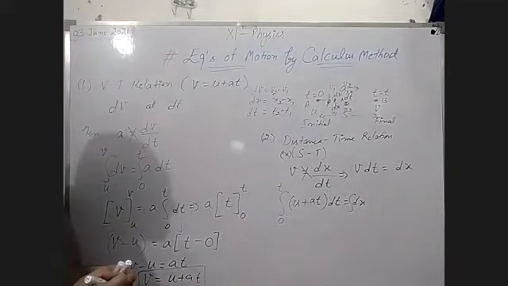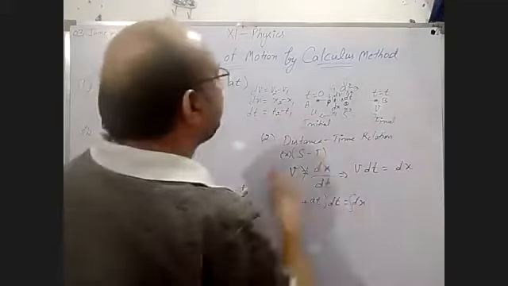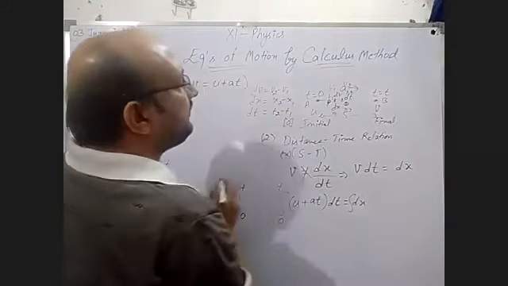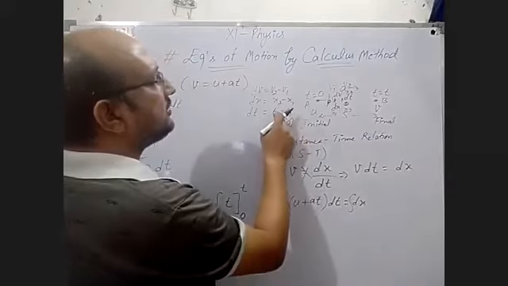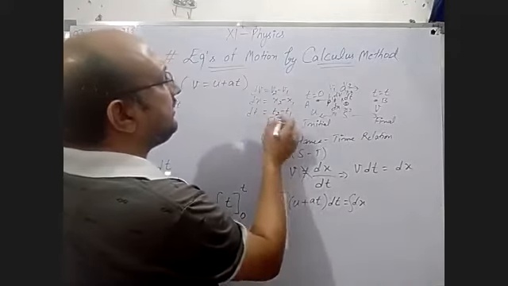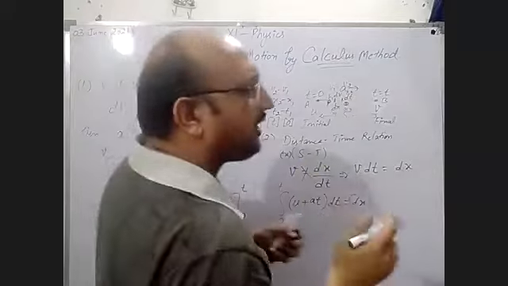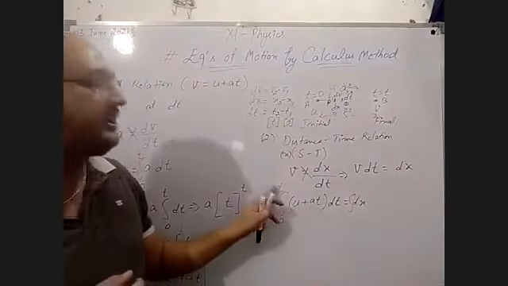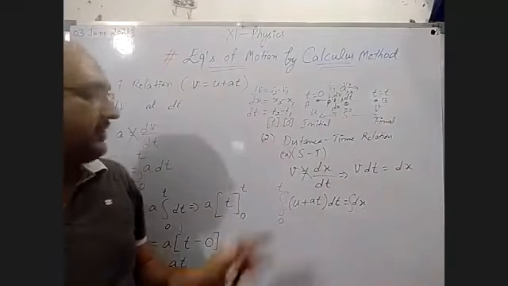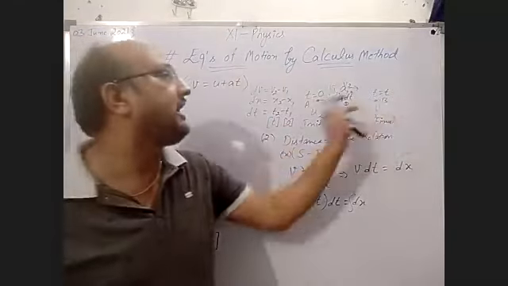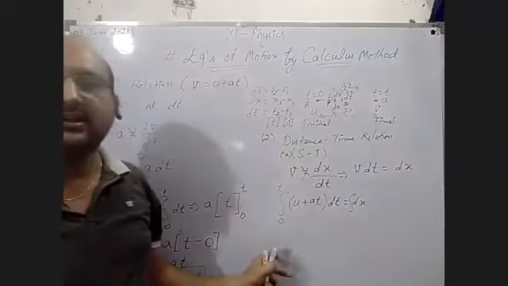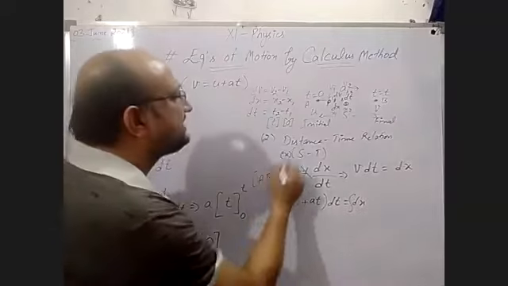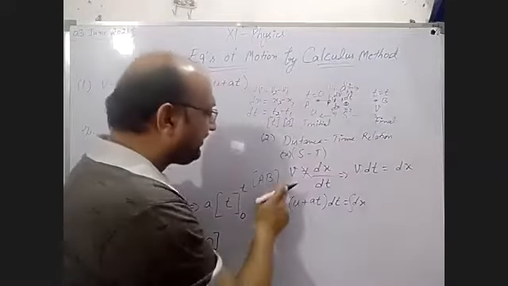Okay, but for the whole system, we can take the value of t1 as 0. Yes or no? Because t2 is t. In between, if you want to take the integration, then you take t1, t2 limit. But we are talking about the whole AB portion, A to B, then we can take 0 to t limit.